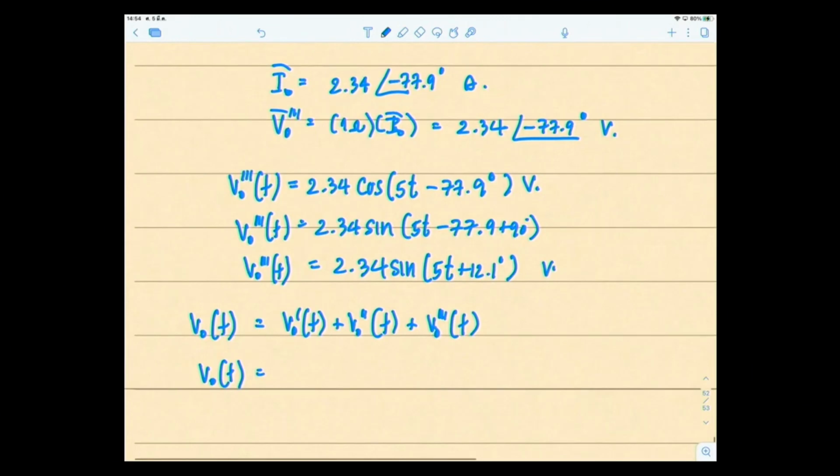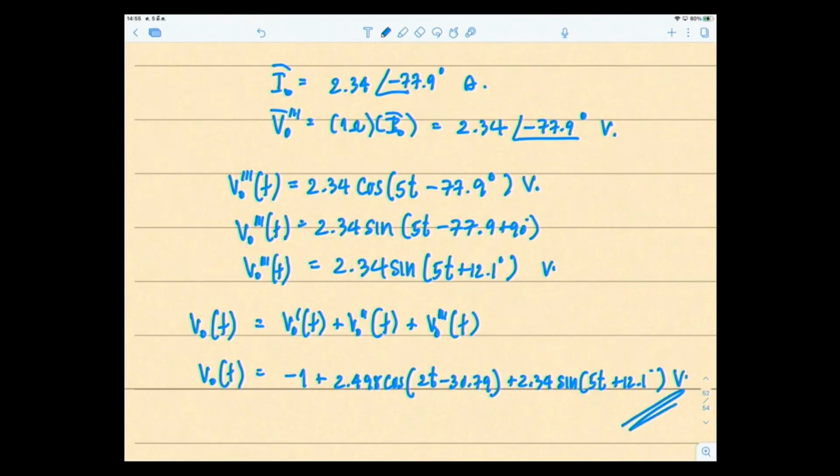So this is minus 1 plus 2.498 cos(2t minus 30.79) plus 2.34 sine(5t plus 12.1 degrees) volts. This is the answer, and this is how you use the superposition theorem when you have a circuit with different omegas.